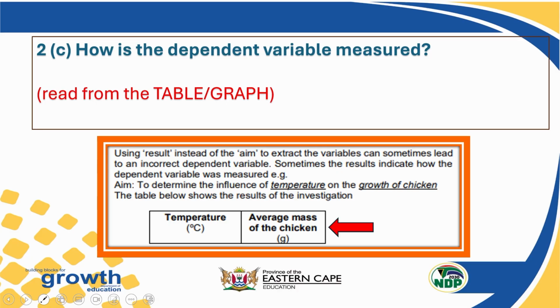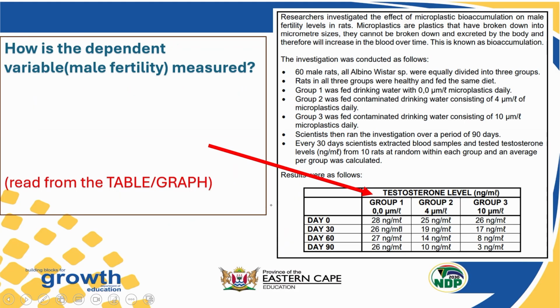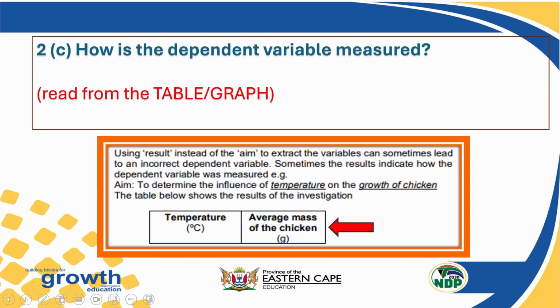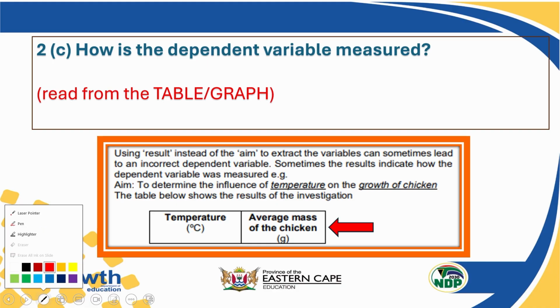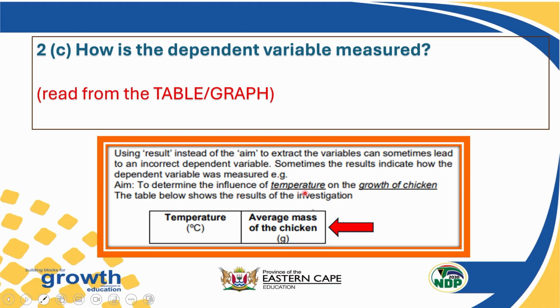We have to measure it in some way. So in this investigation, if we look at the table that they made, we see that they measured the growth of the chicken using the average mass of the chicken. So we used average mass of the chicken to show its growth.